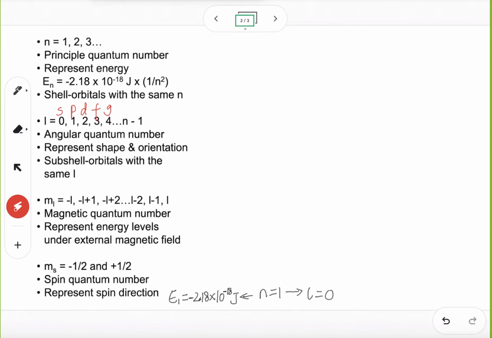All right. Now, when L equals 0, what's the value for ML? Well, the ML value is defined by the value of L. So you're going to figure out the values of ML based on L. Now, we know that the first value for ML is going to be negative L. When L equals 0, negative 0 would be just 0 itself, right?